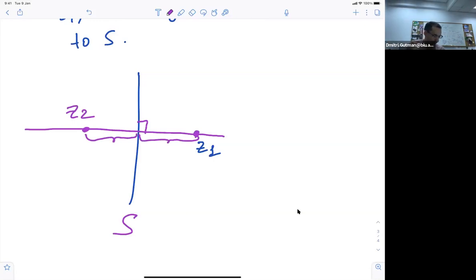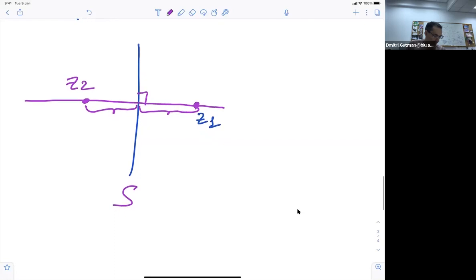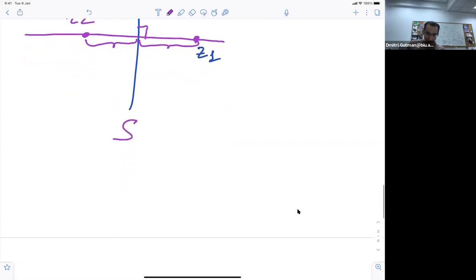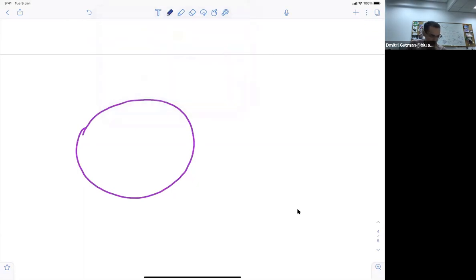But now suppose that line S is not a straight line. Suppose it's a circle. So there's a circle S here, and there is a point Z1 somewhere here. How can we construct a symmetric point with respect to the circle S?